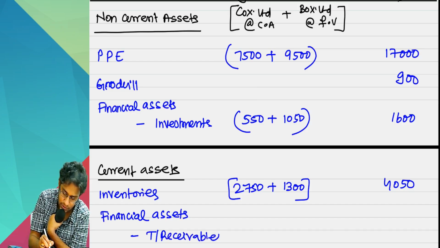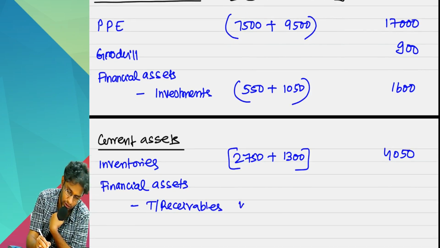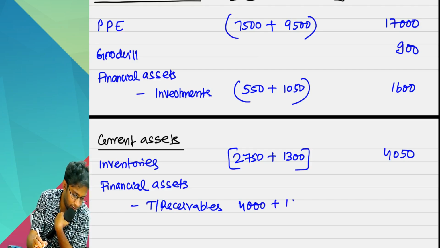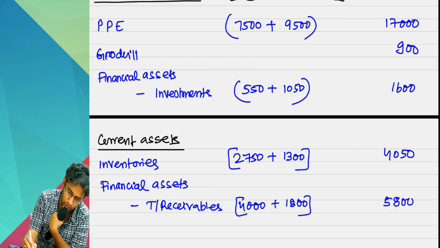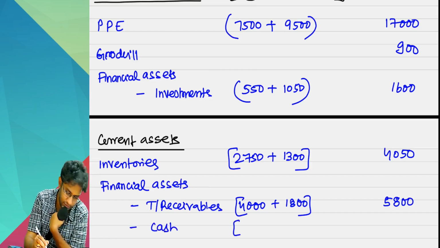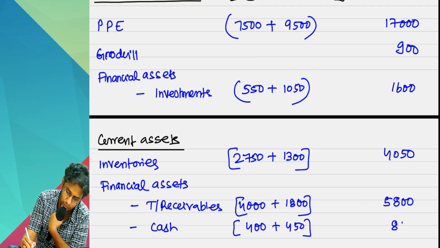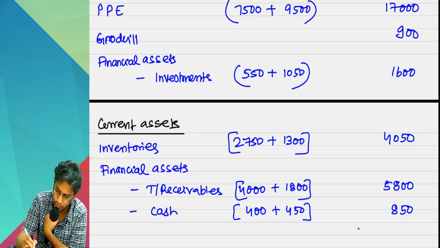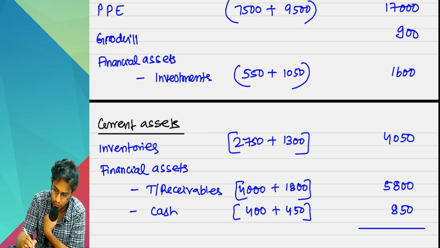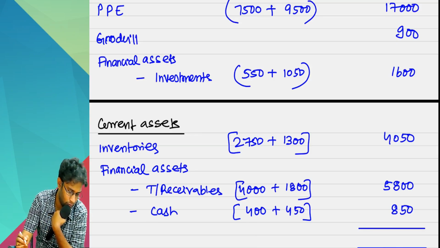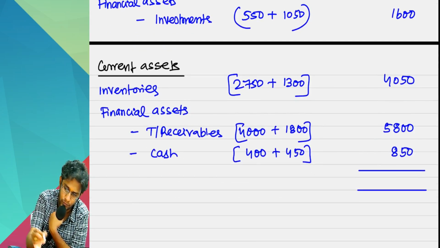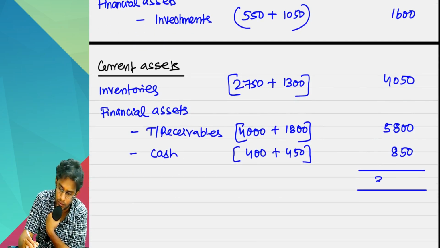Trade receivables: Cox Limited's trade receivables are 4000, and Box's is 1800, so 5800. Cash and cash equivalents, 400 plus 450. Total, you do 30,000, no?